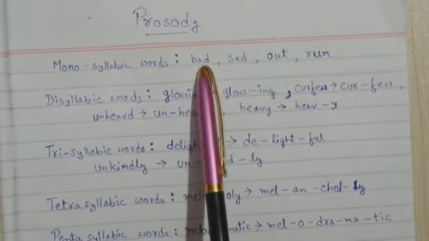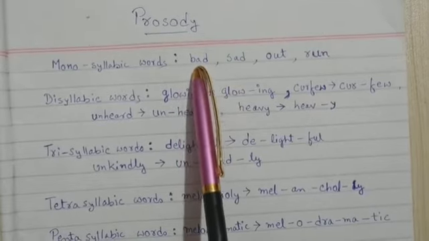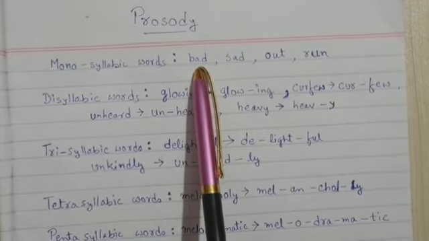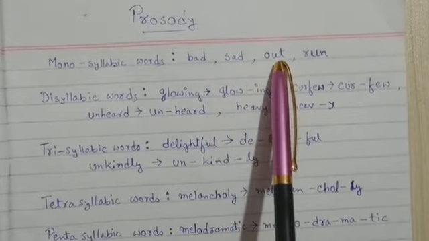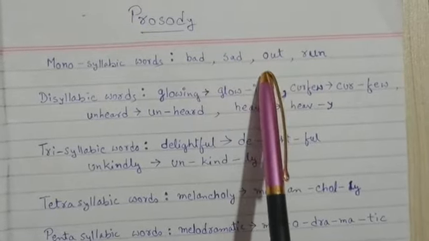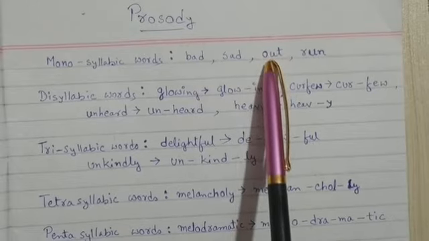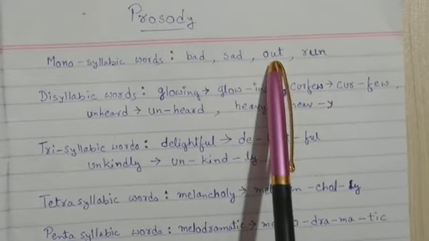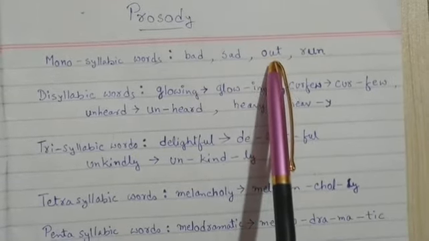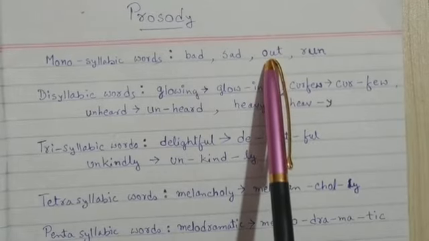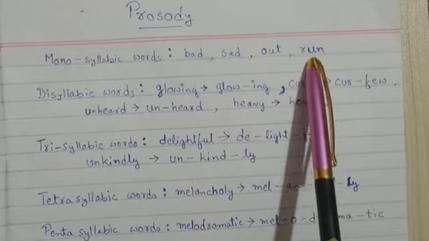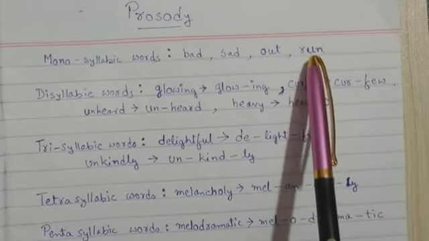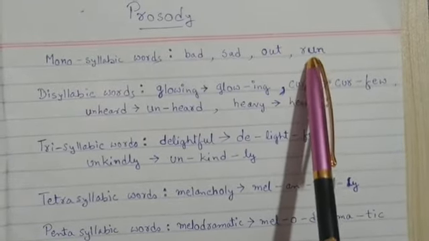So here in bad we have one syllable, A, and that's why it cannot be broken. Similarly in sad, similarly in out, where we do have 2 vowels over here, but we have only one vowel sound. Similarly in run we have only one vowel sound.